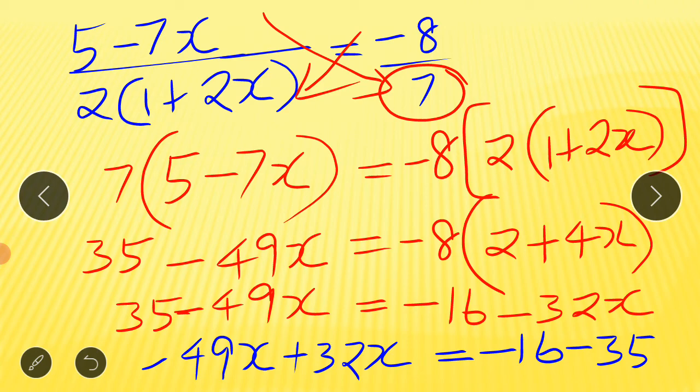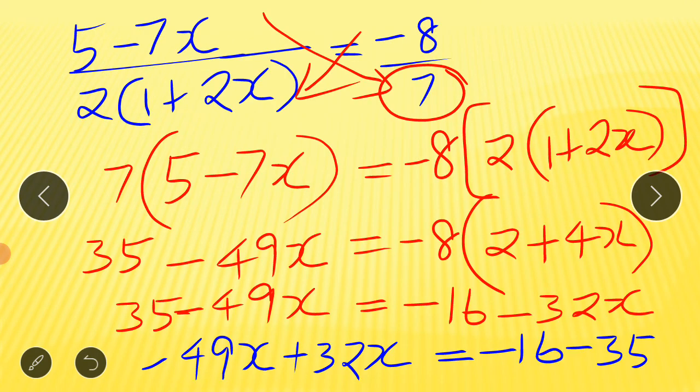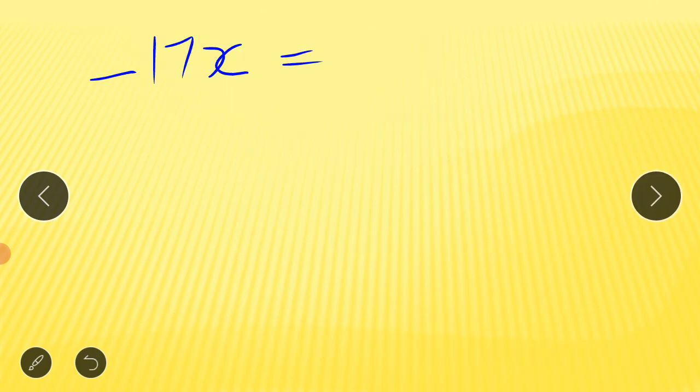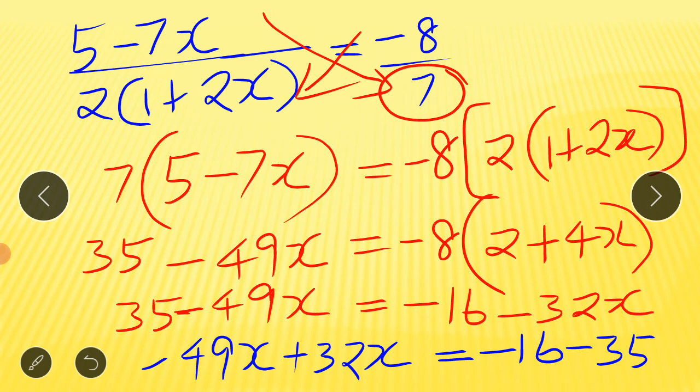So when we do that, we will get minus 17x, is it, minus 17x equal to, this one we simplified. Here both are negative, like, so add, common sign, both are negative, so we will have a negative solution only, so minus 51, is it, minus 16 minus 35 is minus 51.